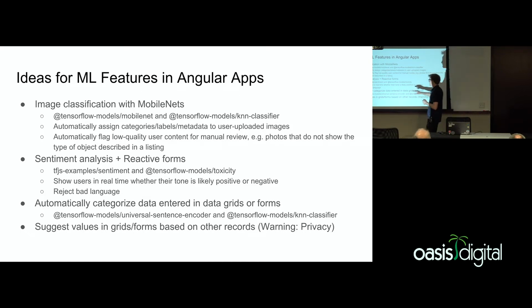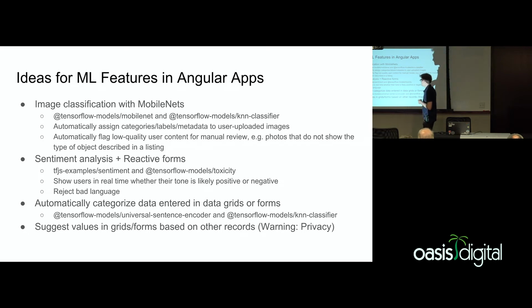And you could combine that with the toxicity model to either reject bad language or show users whether a tone is positive or negative. So I was thinking more in the case of an enterprise application where you're trying to encourage people to be positive when they're interacting with clients or something like that, if your application is that kind of application.